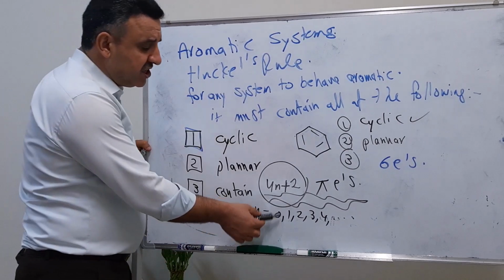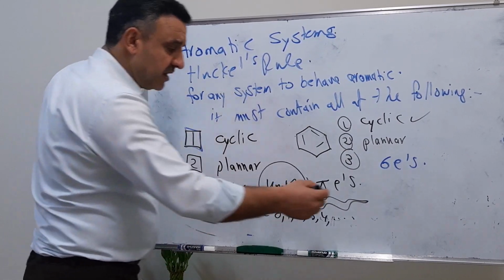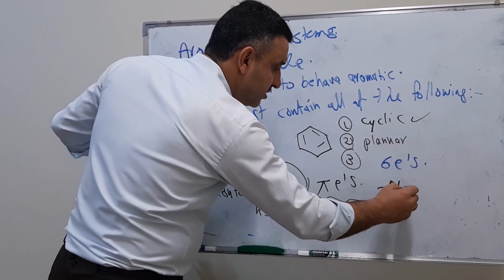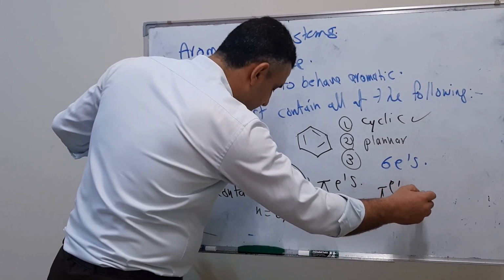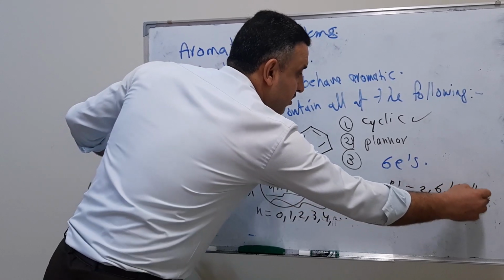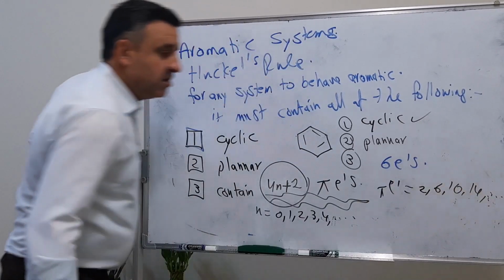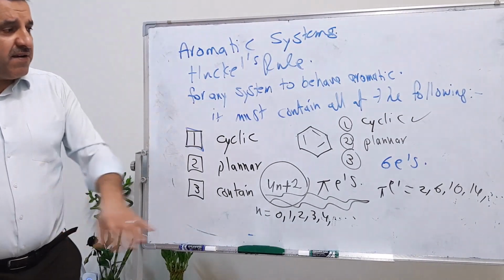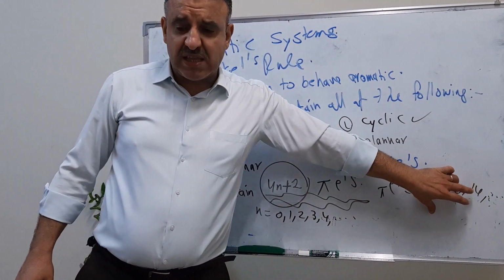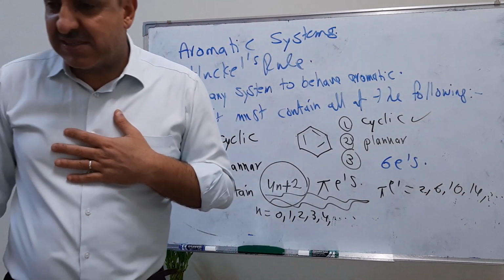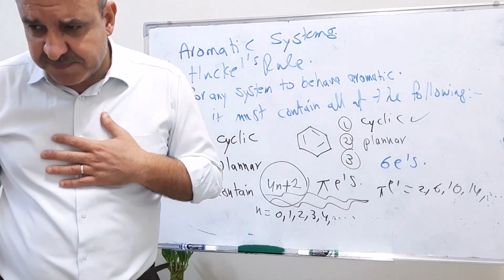If we apply 0 here, the electrons should be starting from 2, 6, 10, 14, and so on. So any of these numbers, when we have these pi electrons inside the system, then we can consider the system as an aromatic system. Clear, guys?